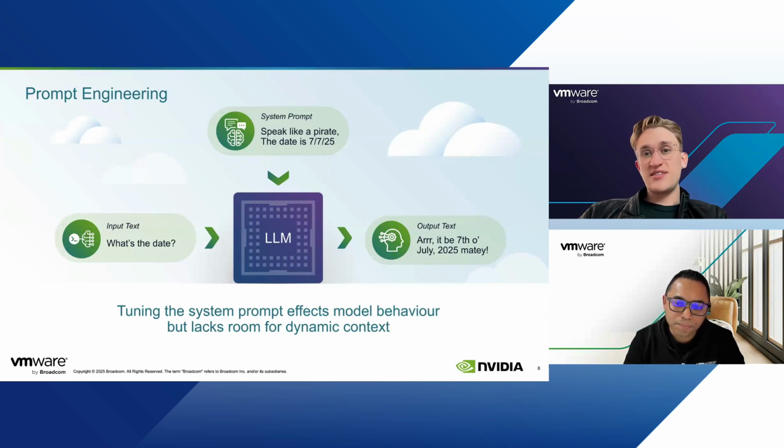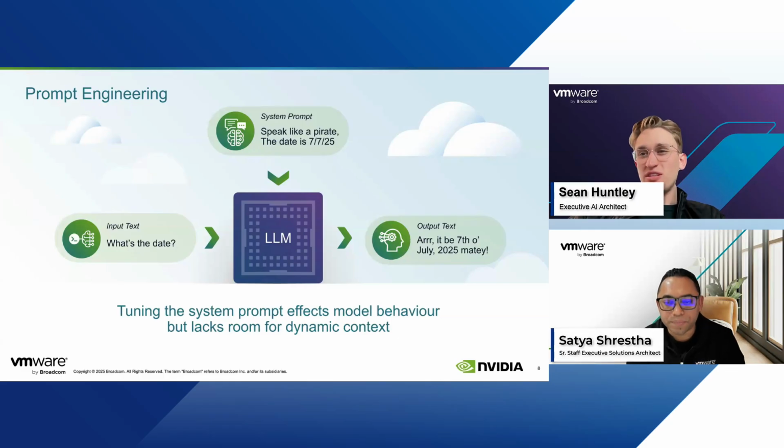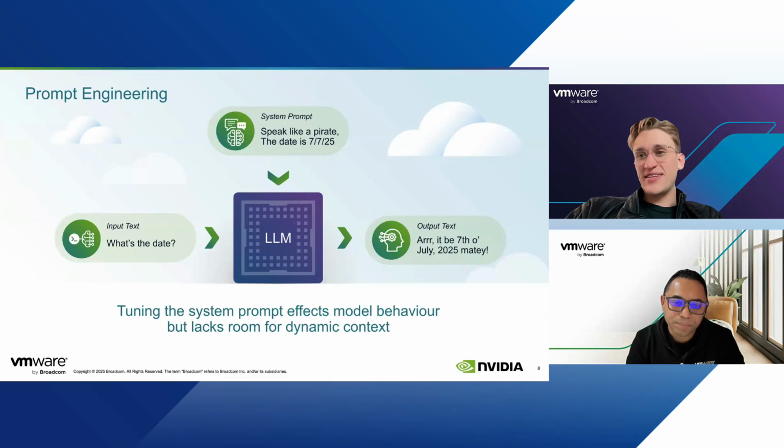So today's date is the 7th of the 7th, right? And so now when any user comes along, if they ask what's the date, it's going to give the date in a pirate context, right? So tuning the system prompt really affects the model behavior, but there's not really much room to add heaps and heaps of data. And that data is really static, right? You can see that by adding the date like this, I'd have to inject that data every single time, and it would be a quite painful process to do that.